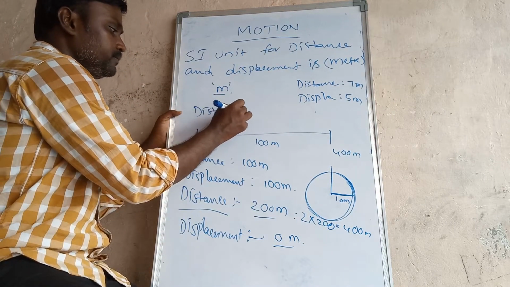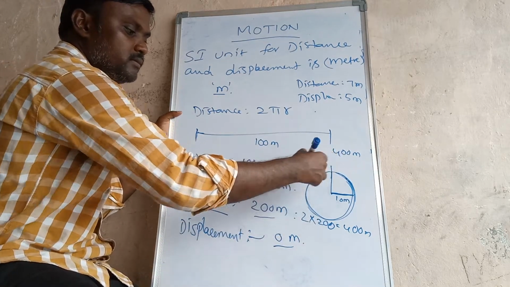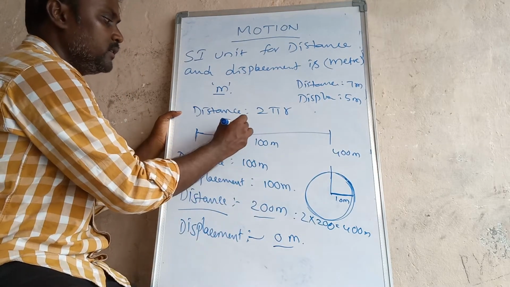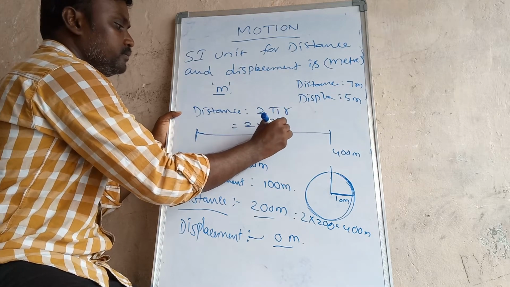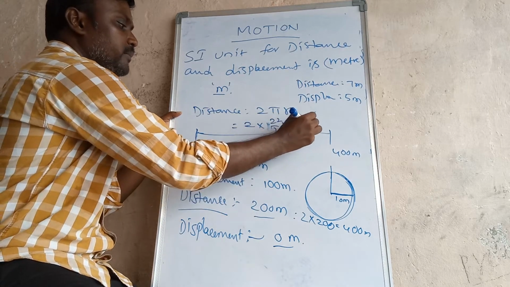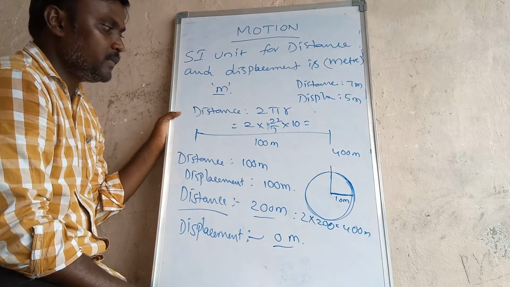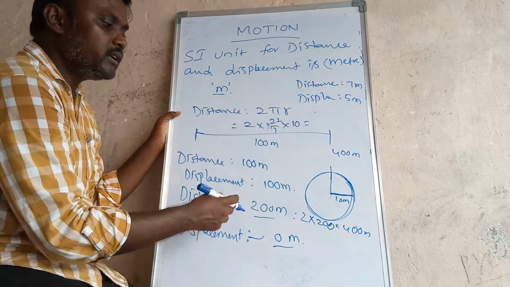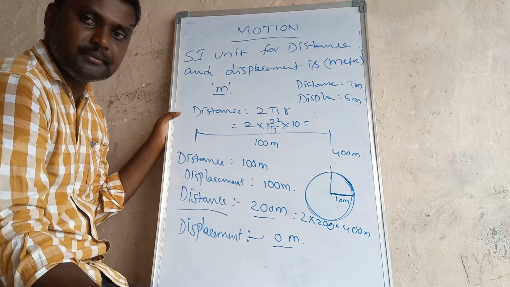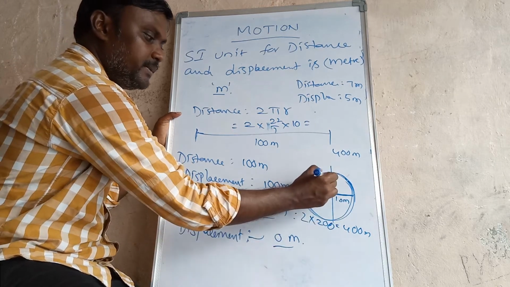The formula is 2 pi r, the circumference of the circle. So 2 into 22 by 7 into r, and r is 10 meters. You calculate this. What about displacement? It is 0 only. In some cases they may give the diameter. If the diameter is given, diameter means from this point to this point.